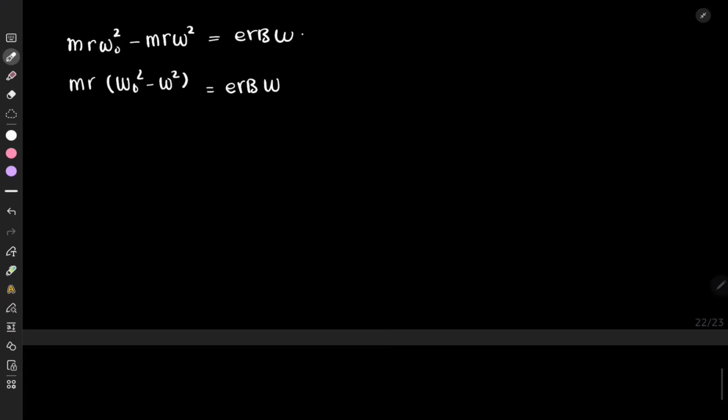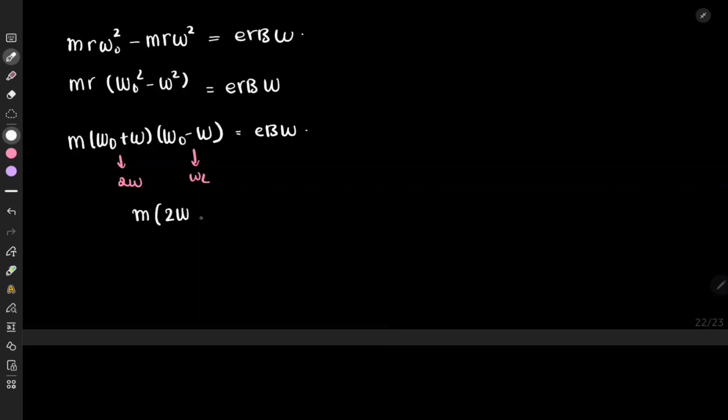This will be m times omega naught plus omega and omega naught minus omega, that's nothing but omega naught square minus omega square, which is equal to e B omega. This term is nothing but 2 omega, and this term is nothing but omega L. So we can write it as m into 2 omega into omega L, which is equal to e B omega.